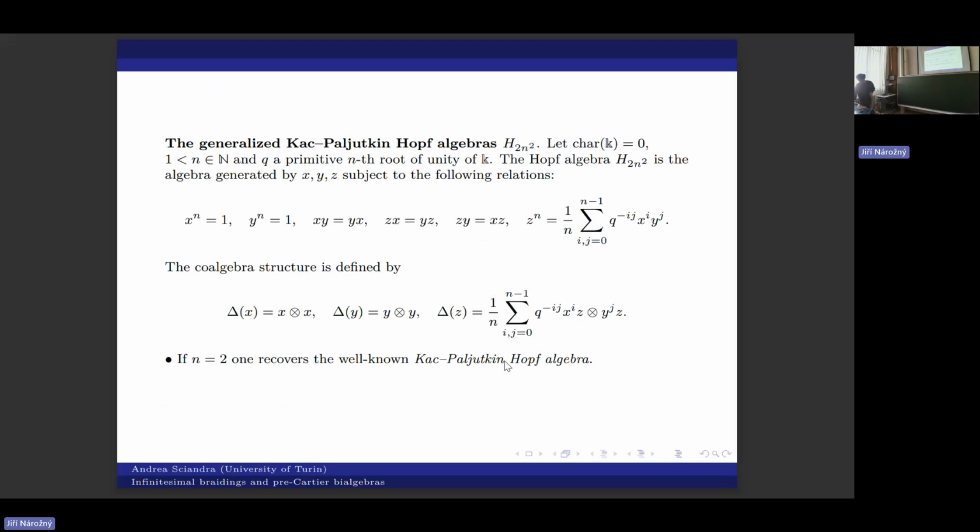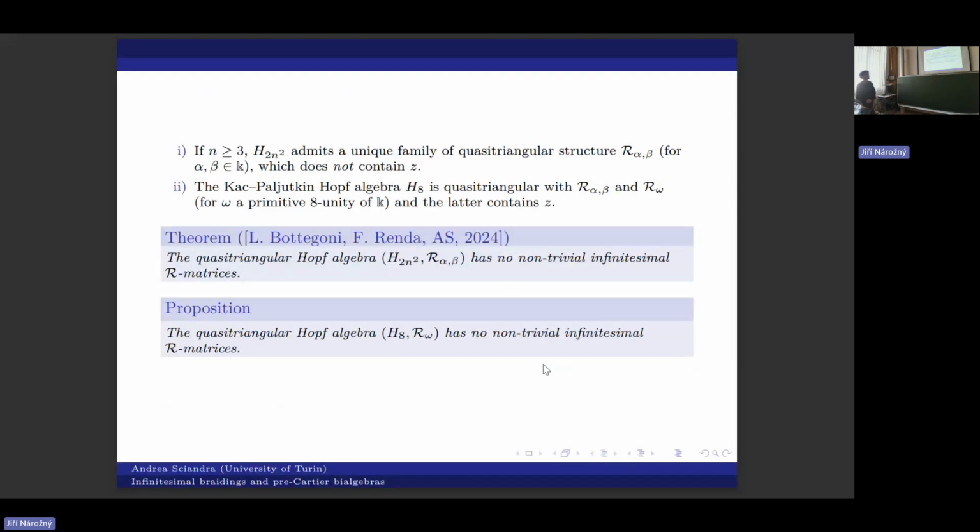I don't want to go into detail, but if we consider the generalized kappa-Poincaré algebras, which have as the smallest example the classic, well-known kappa-Poincaré algebra, I don't want to go into details, this has just trivial infinitesimal R matrices for all the quasi-triangular structures. The kappa-Poincaré is the only case where this has two quasi-triangular structures.